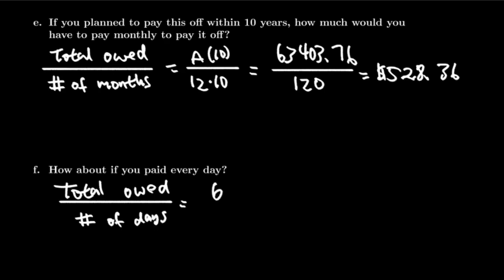Okay, so we already know that's $63,403.76 divided by, so I'm just going to assume non-leap years, 365 times 10. So let's see how that's going to look.